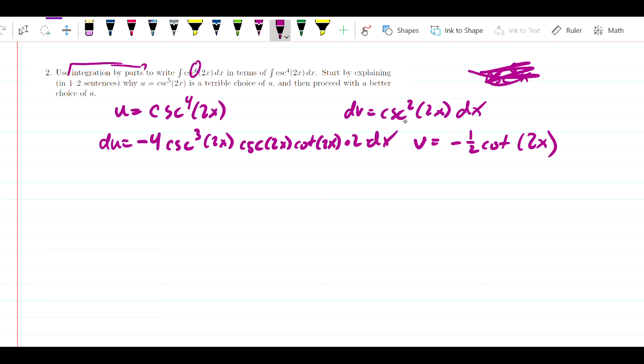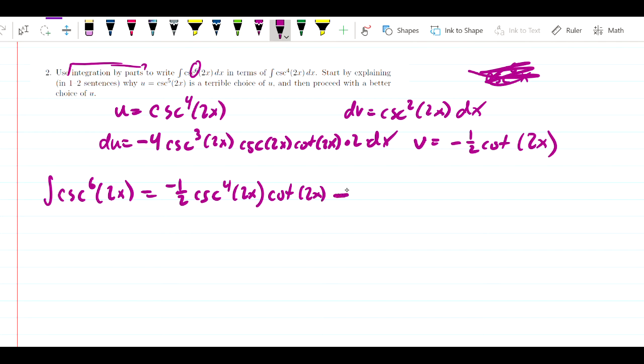Okay, so what we're going to have here is the integral of cosecant to the sixth 2x is equal to uv, which will be negative 1/2 cosecant to the fourth 2x cotangent 2x, and then we've got two negatives, so we can still keep the negative here. So let's see, that's negative 4 times 2 is 8 times negative 1/2, which is negative 4.